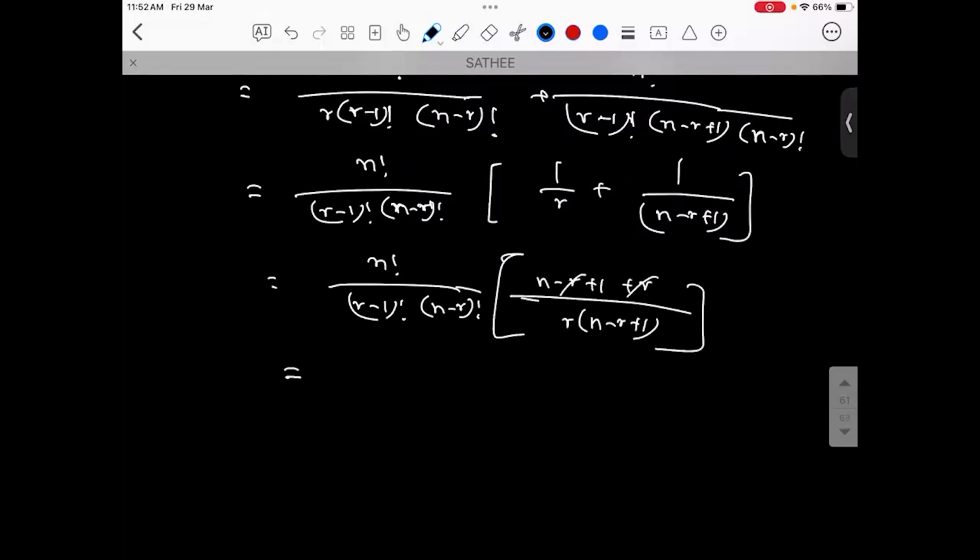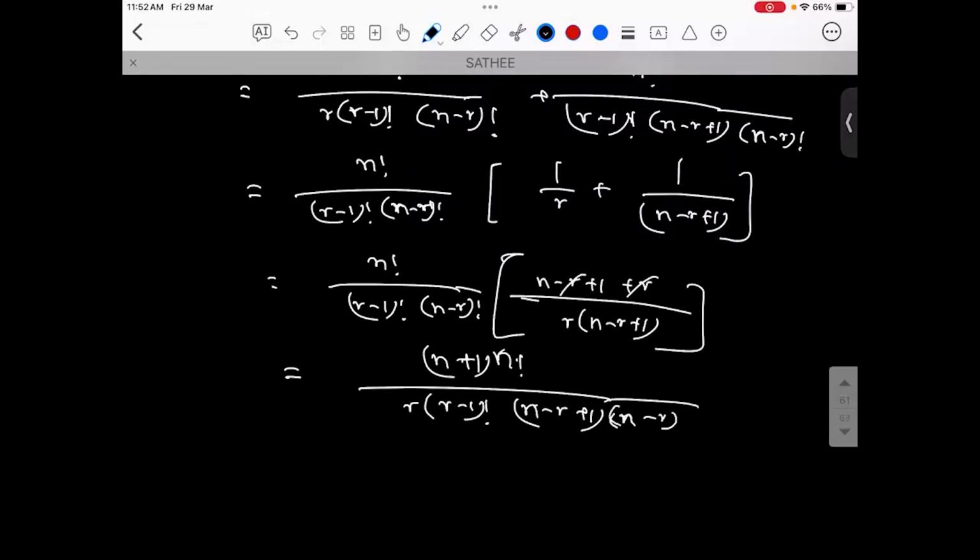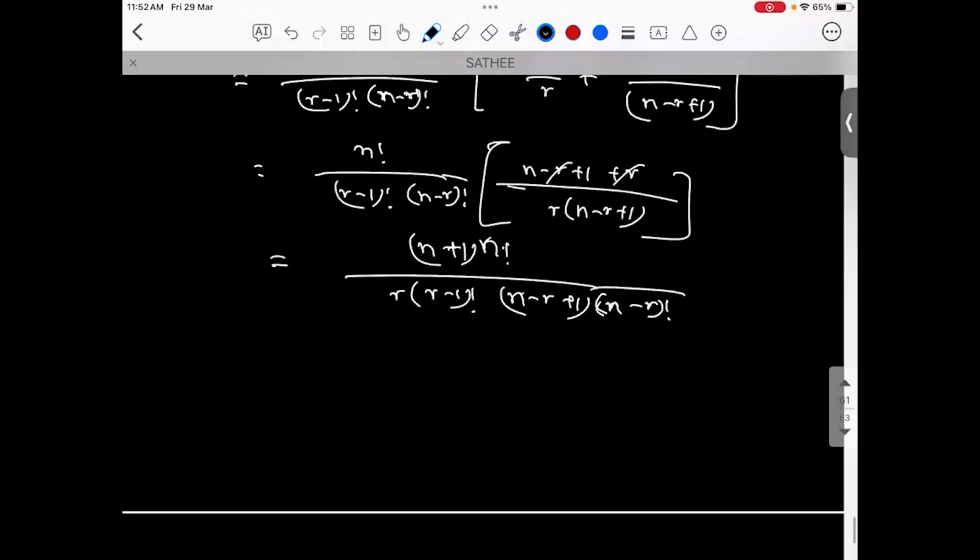So ultimately we get (n plus 1) into n factorial divided by r into (r minus 1) factorial into (n minus r plus 1) into (n minus r) factorial.